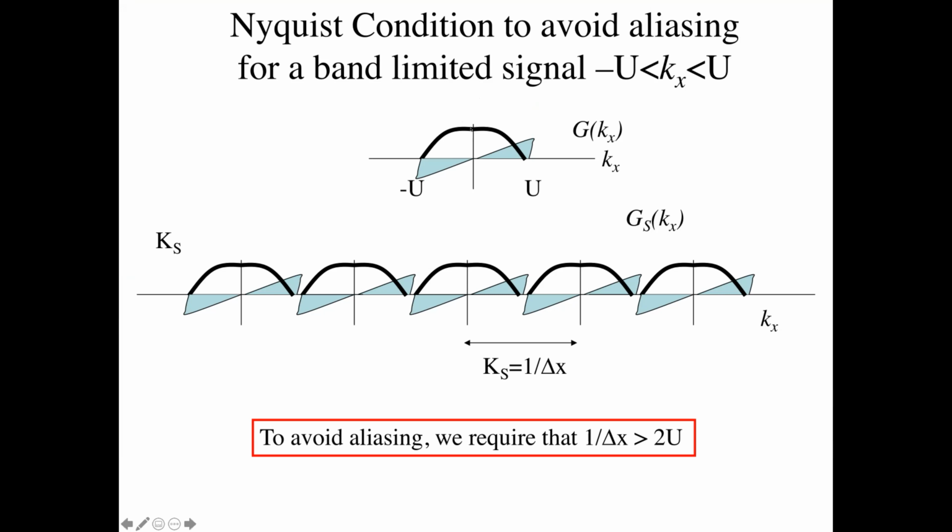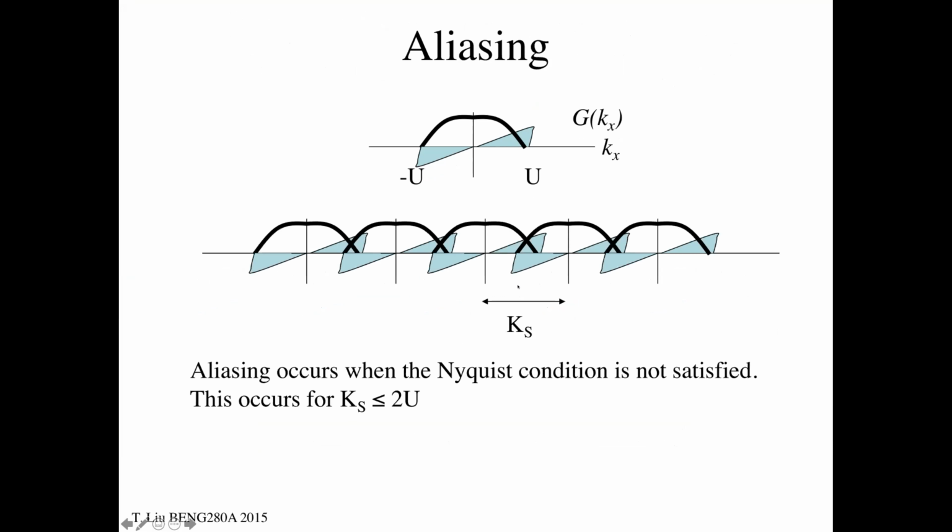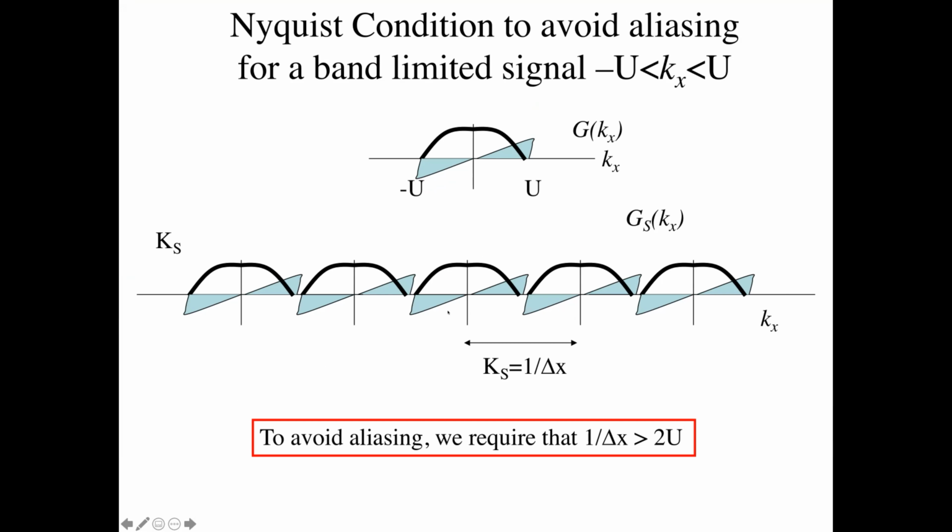In Fourier space, this gives us a criterion for the sampling rate: the sampling rate has to be larger than 2u. So if this is u here at the cutoff, I need a sampling rate of 2u to make sure the finite bandwidth of this function is represented.